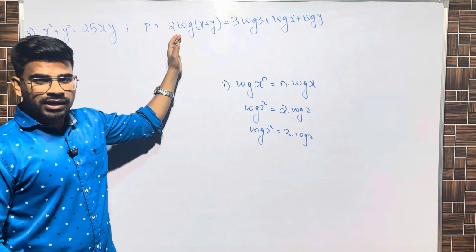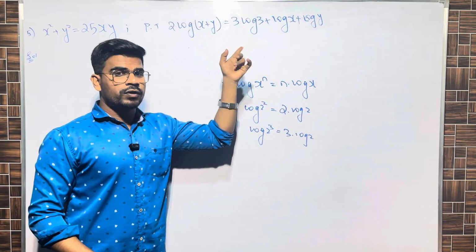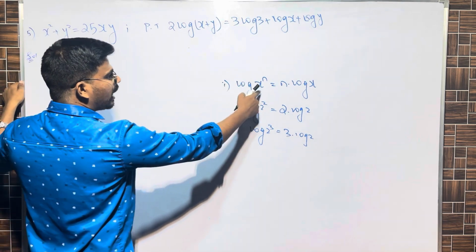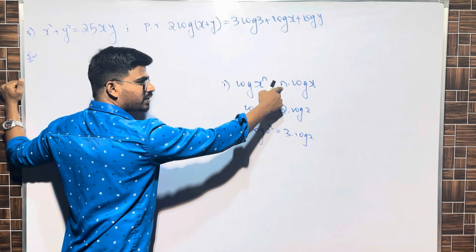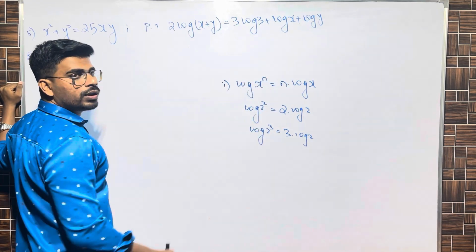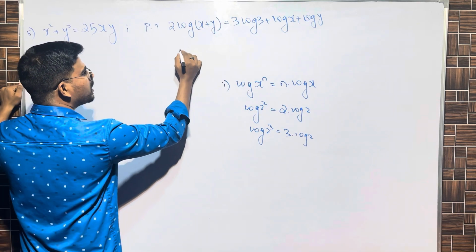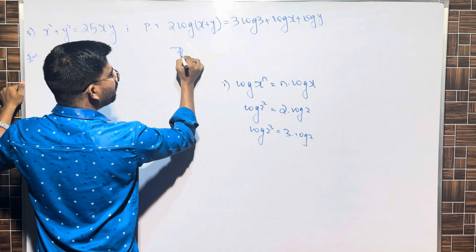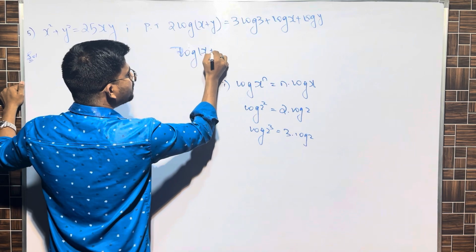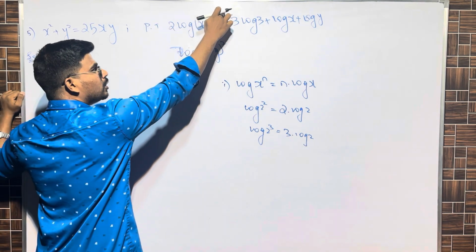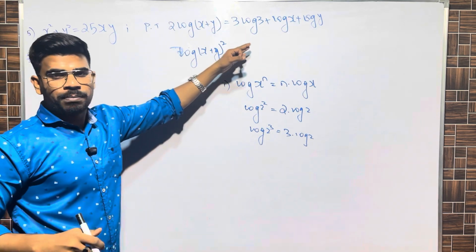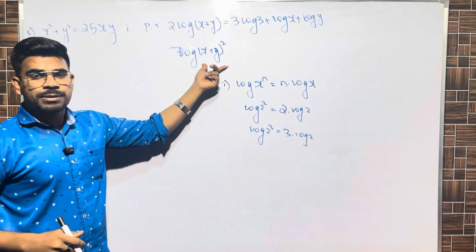Before getting to the final step, what could have been the step before? Log x power n is equal to n log x, so the 2 which is in front can go into the exponent. It should have been log of x plus y whole square.